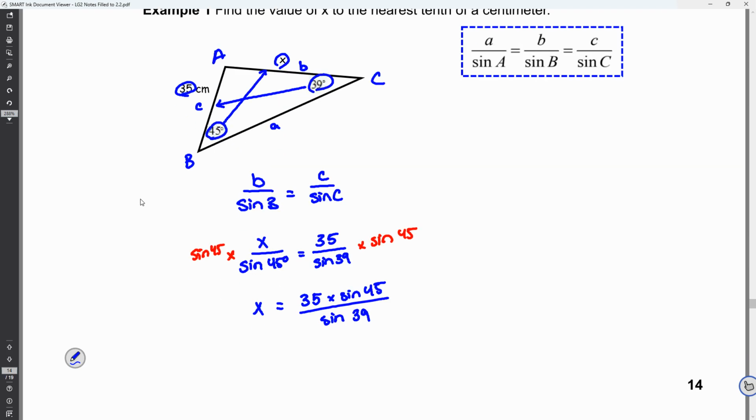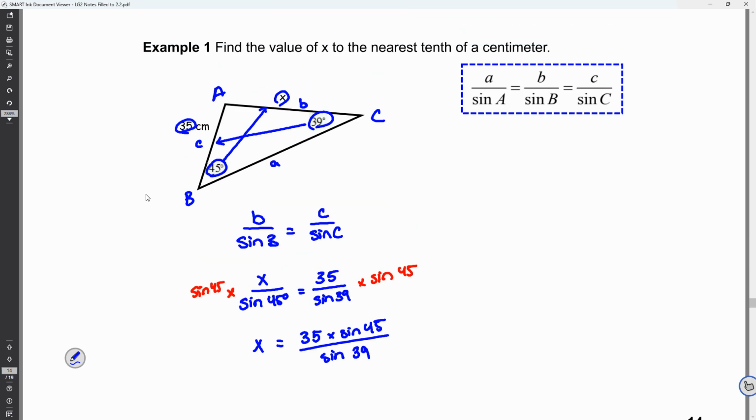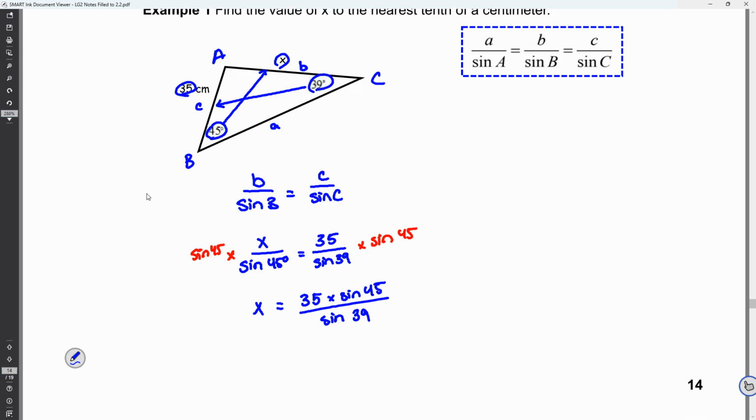If I toss this into my calculator, because it says nearest tenth of a centimeter, it doesn't say exact value. If it said exact value, this question would be a lot different. I have x is equal to 39.326, and on and on. So approximating to the nearest tenth of a centimeter, x is roughly equal to 39.3 centimeters. So I just solved for that x value.